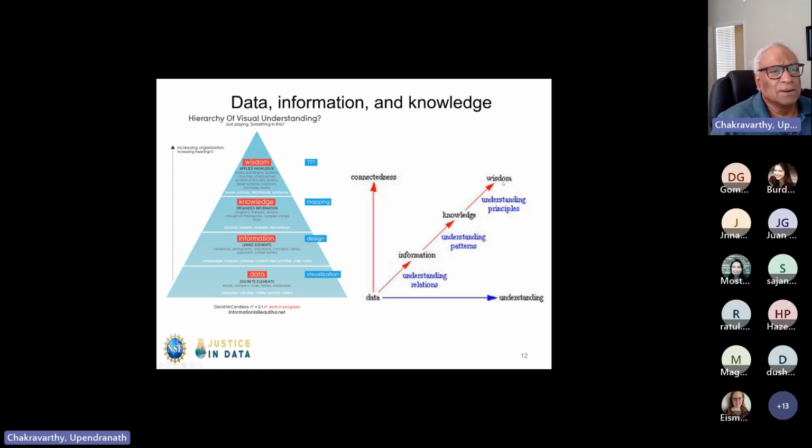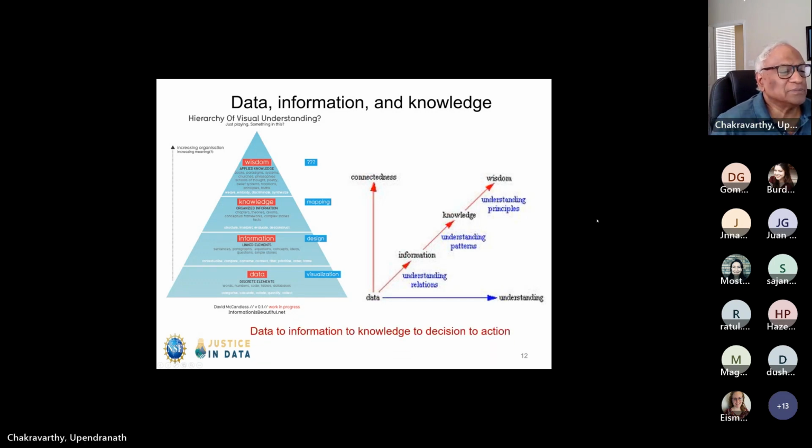And finally, one would be able to understand principles out of it, which is a lot more difficult than one thinks. So we never say that you are doing wisdom discovery. We are only doing knowledge discovery at this point in our saga. So the basic idea is to go from data to information to knowledge to decision and to action, irrespective of the field.